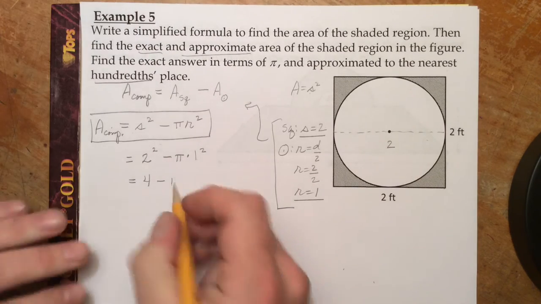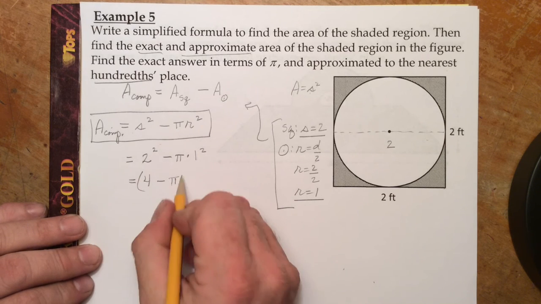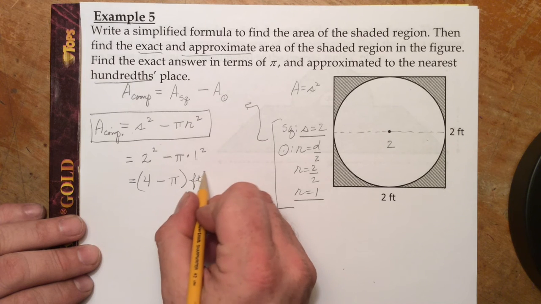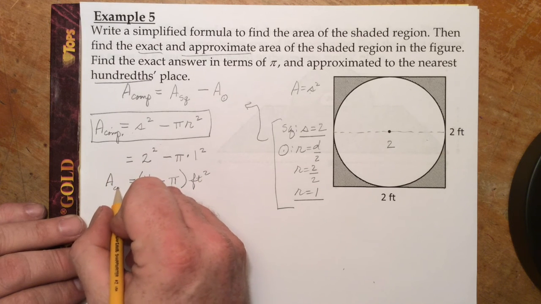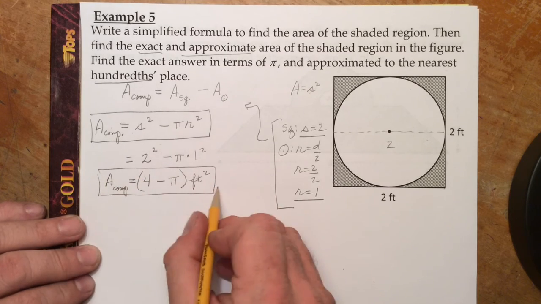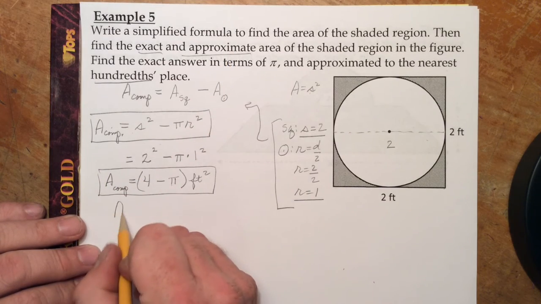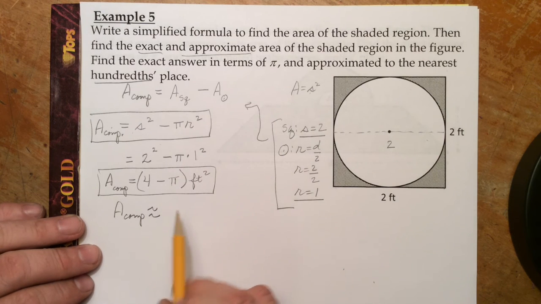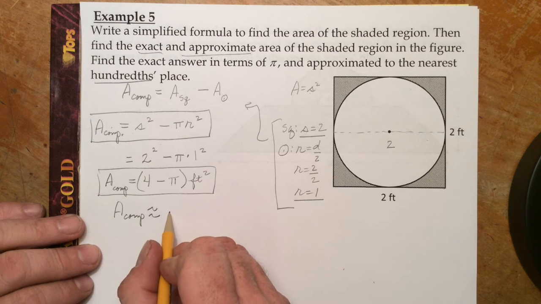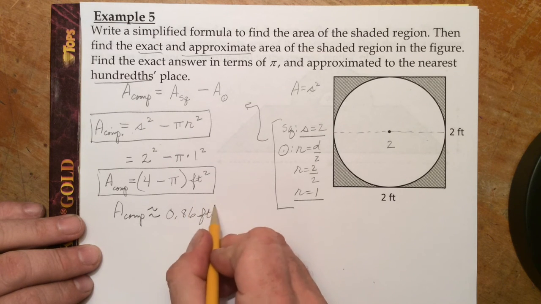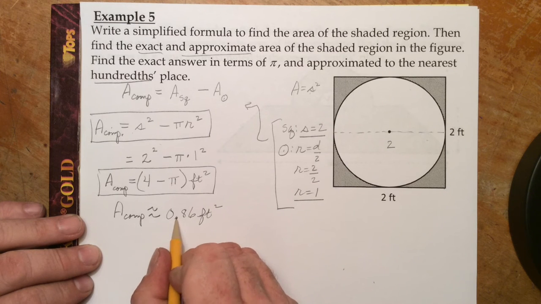So 4 minus pi, and of course we can't combine those, so that's 4 minus pi square feet for the area of this composite figure. That's our exact. Now for our approximate, take your calculator and calculate 4 minus pi, and you'll get approximately 0.86 square feet, rounded to the nearest hundredth.